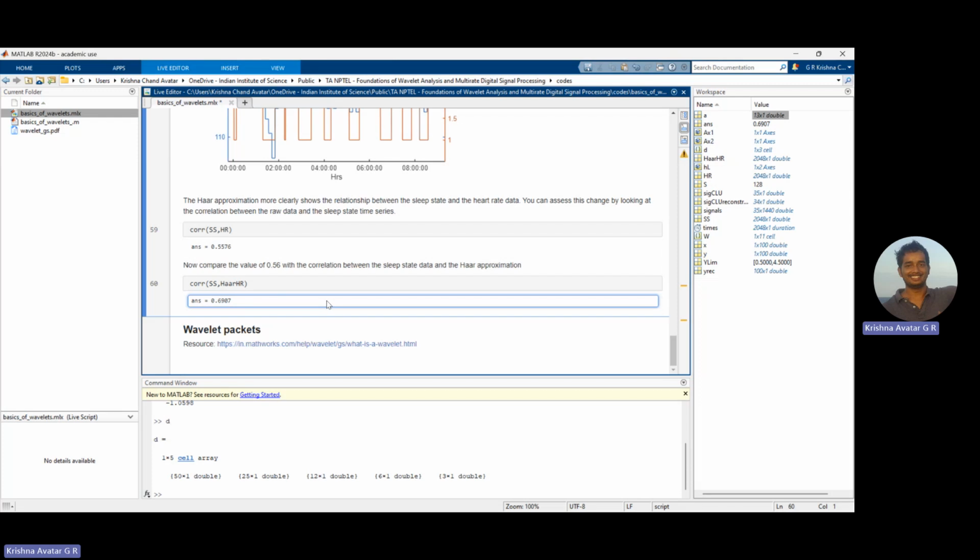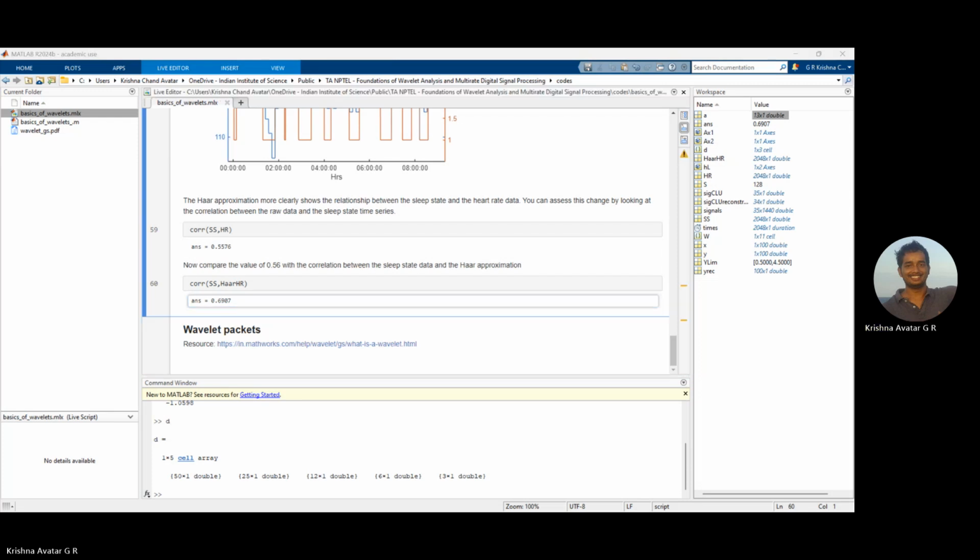In the next session, as the lecture proceeds, we will move on to more sophisticated features.